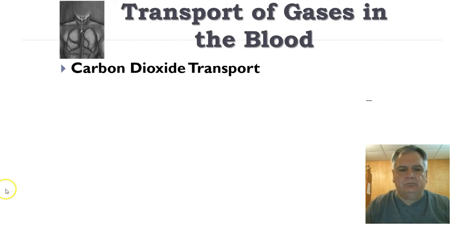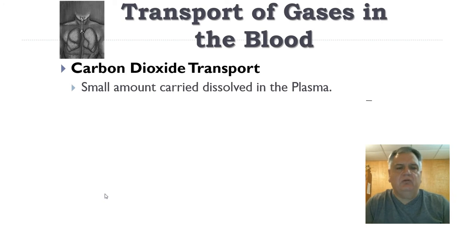So let's begin. Our first method of transport is, again, that a small amount of carbon dioxide can be dissolved in the plasma. So we're out in the peripheral tissues now, and the cells of the peripheral tissues are active cells, and they're carrying out cellular respiration. And we understand that a byproduct of cellular respiration is carbon dioxide.